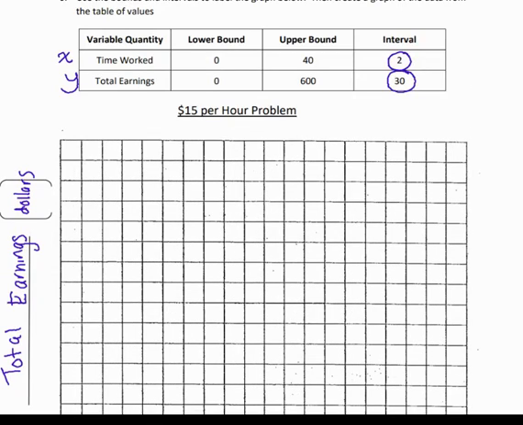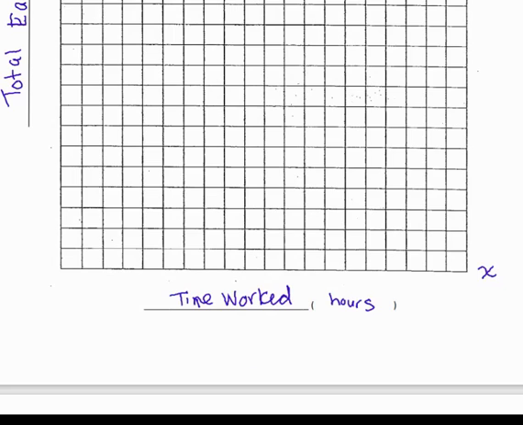Now, for time worked, we said we're going to count by 2s. So we always start at 0, and now we're going to count by 2s. So everybody go ahead and fill that in.